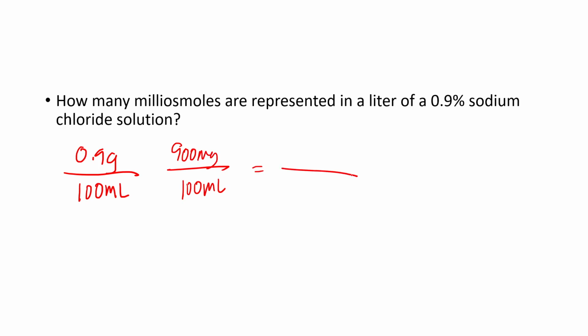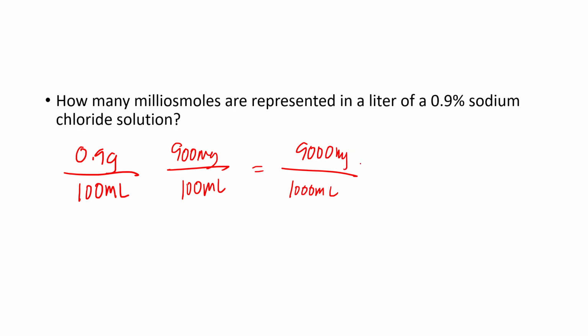And since we need to ratio and proportion it to 1 liter, it's 9,000 milligrams per 1 liter.